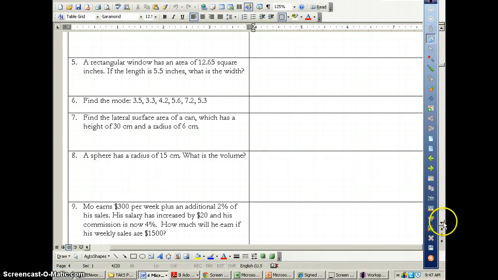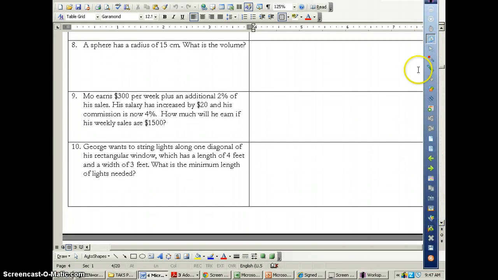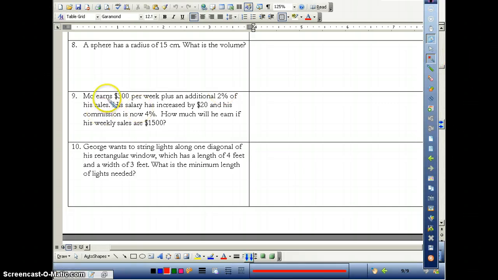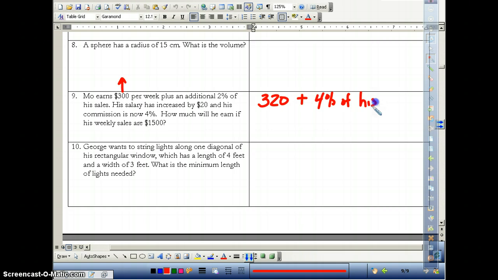Number 9. Mo earned $300 per week plus an additional 2% of his sales. His salary is increased by $20, so his salary goes from $300 up to $320. And now his commission is 4%. He earns 4% of his sales. How much will he earn if his weekly sales are $1,500? His sales are what?